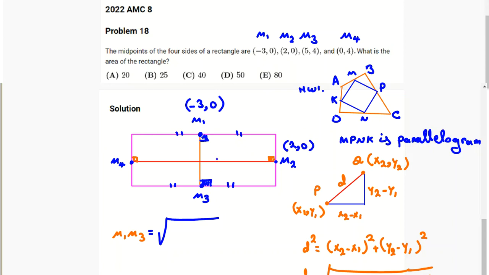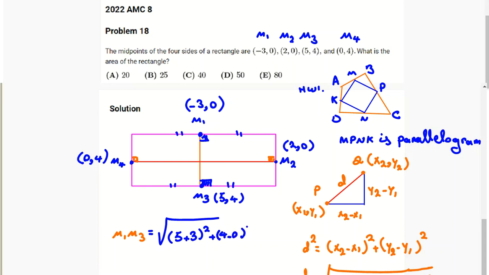And the figure is this: negative 3, 0, 2, 0, 5, 4, and 0, 4. Okay. So negative 3, 0 is opposite to which one? To 5, 4. So the distance is what? 5 minus negative 3, 5 plus 3 squared, plus 4 minus 0 squared.